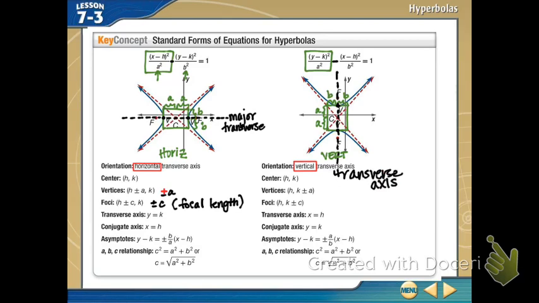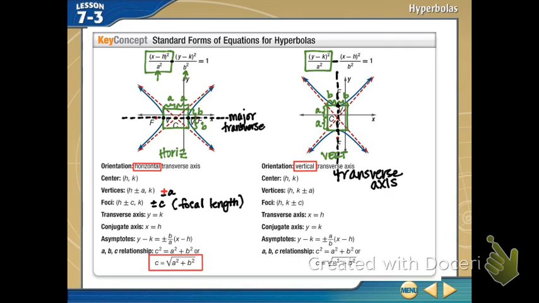And you notice that the center, the vertices, and the foci all lie on this vertical line, the transverse axis. And then again, the asymptotes come from making the box. And one thing that is really different from the ellipse is how we find the focal length.